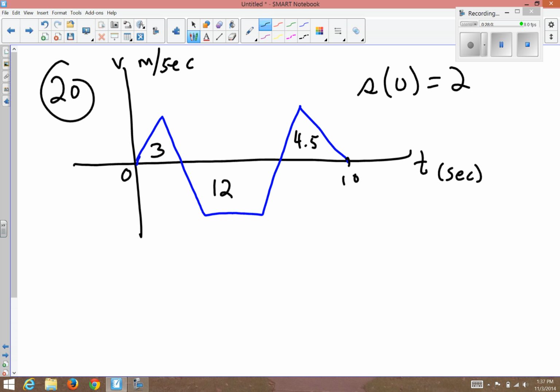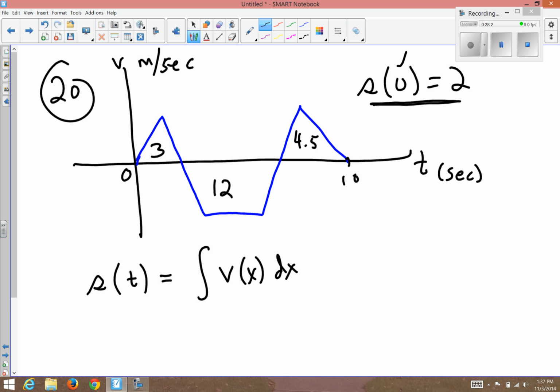So here's the important thing that we used in the previous two. The position as a function of time is the integral of the velocity, which we'll call a function of x, dx. I'm putting a 0 at the bottom because the initial condition has a 0 in here, and I'm putting a t up here because I want s to be a function of t.